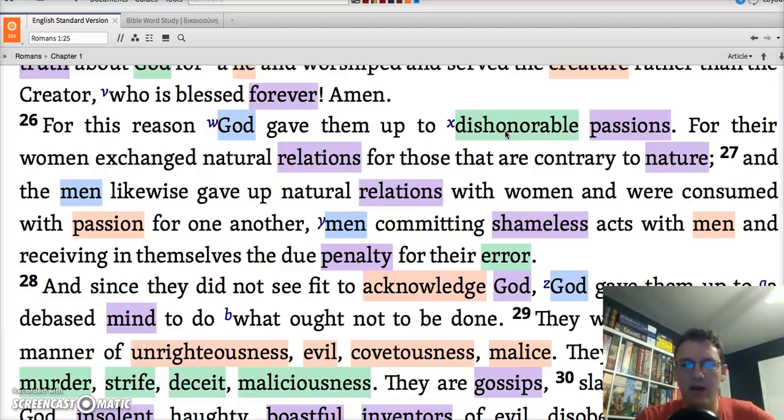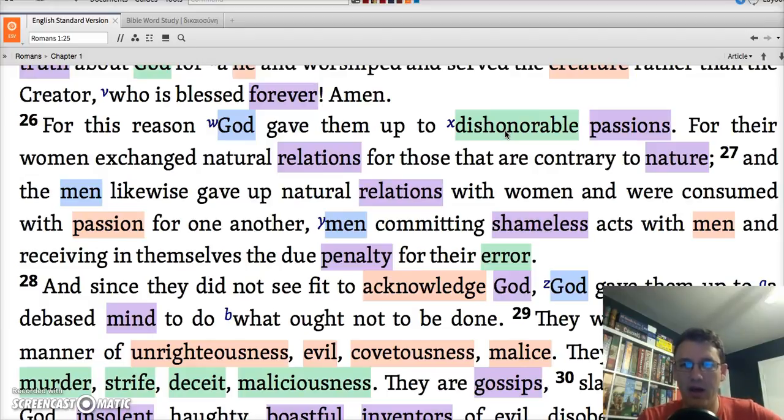However, this is in fact in Greek a genitive noun, and it is functioning descriptively or almost adjectively, because you can do that in Greek. So the translators have decided to translate this as dishonorable passions, but you could also translate this to say, for this reason God gave them up to passions of dishonor.